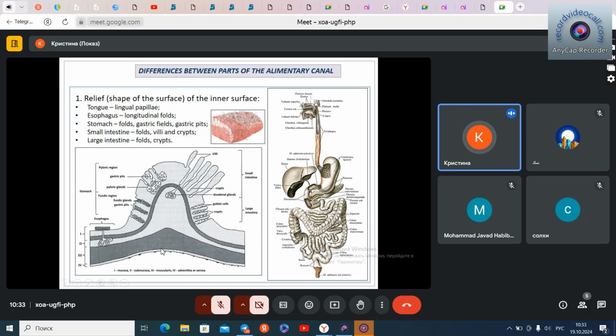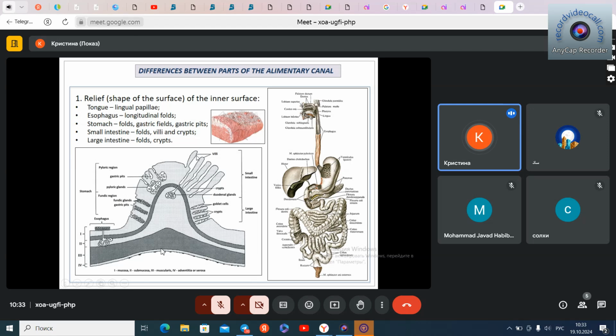Gastric pits are seen here. They are small invaginations of the epithelium into the lamina propria mucosa. In small intestine, we have also folds seen in anatomical preparation and microscopic elements of the relief such as villi and crypts.